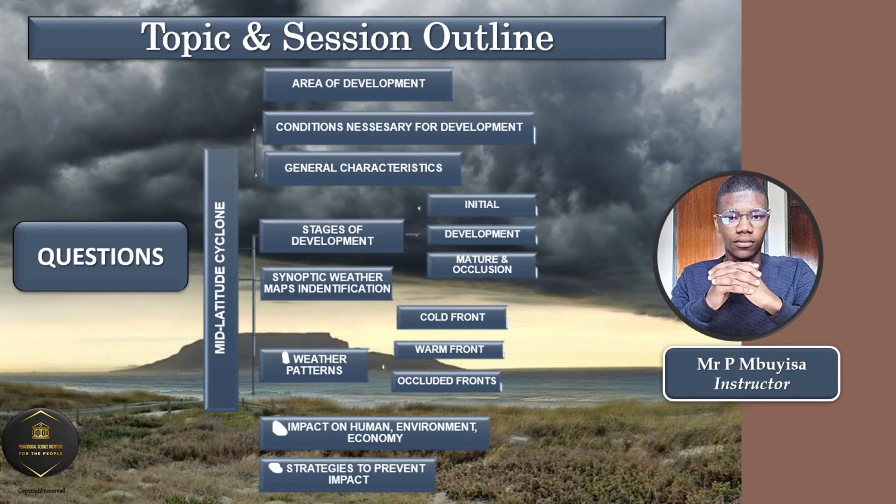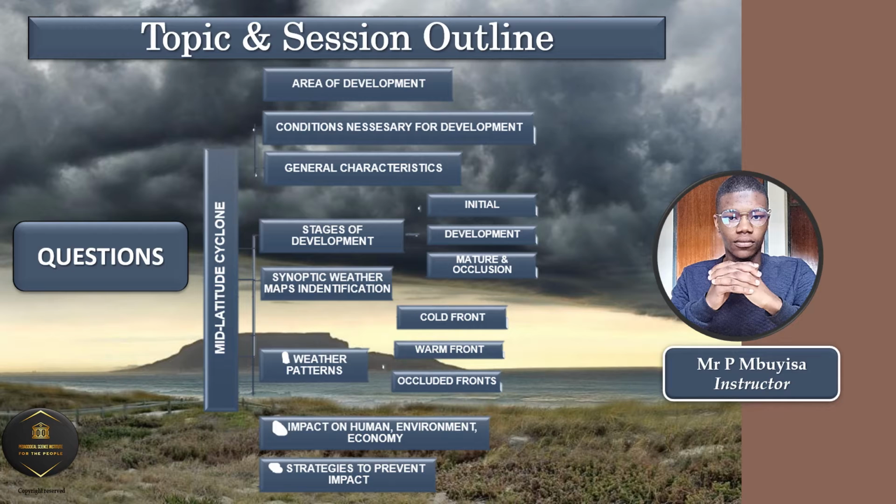Now, the session outline is basically the same as the one of the previous 2 lessons. In this section of work, we'll be looking at an application of all aspects of mid-latitude cyclones, in terms of where they form, what conditions are necessary for them to form, what characteristics they are associated with, and the different stages of formation.